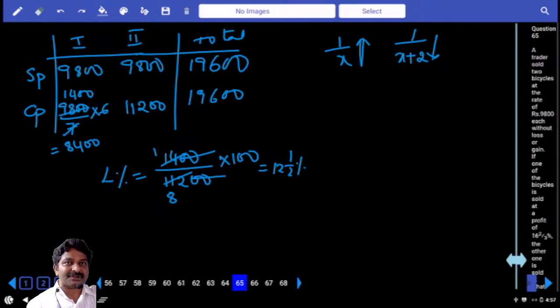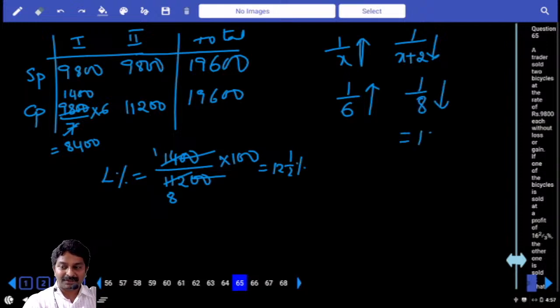Tell me the same in fractional form. For always increase of 1 by 6, there has to be decrease of 1 by 8, which is 12.5%. Inversely proportional rule, we will use 1 by x increase, 1 by x plus 1 decrease. But here it is 1 by x plus 2. Everywhere it works. Followed?